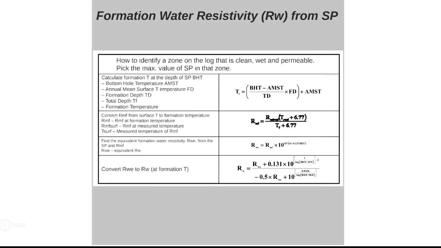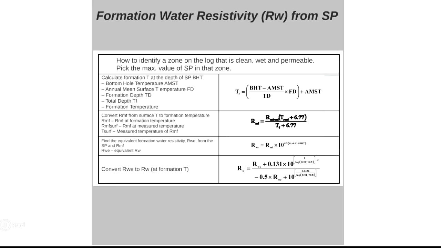How to identify a zone on the log that is clean, wet, and permeable: pick the maximum value of SP in that zone. In this formula, we calculate formation temperature TF at the depth of SP. BHT is bottom hole temperature, MSTE is annual mean surface temperature, FD is formation depth, TD is total depth, and TF is formation temperature.